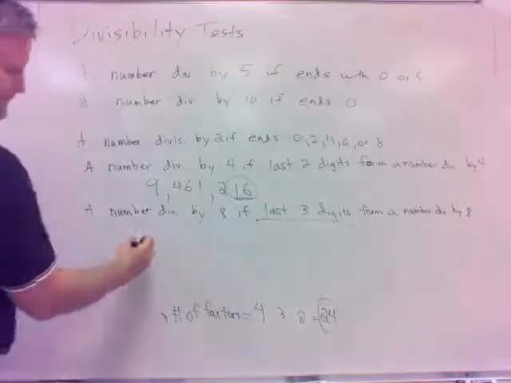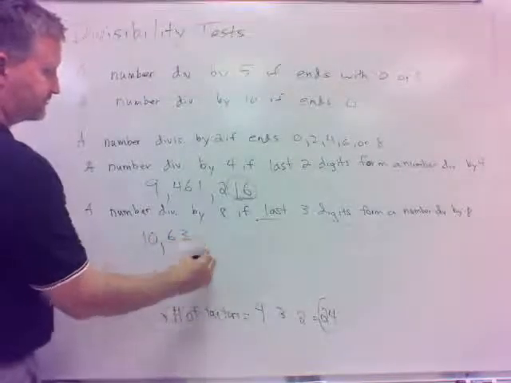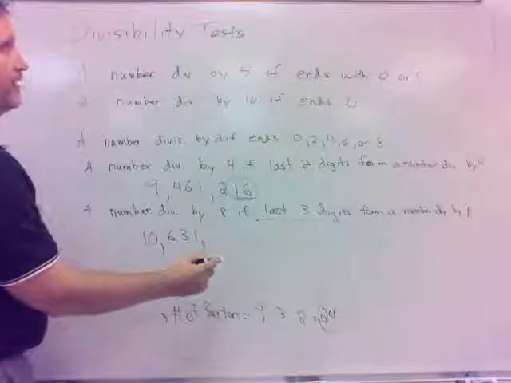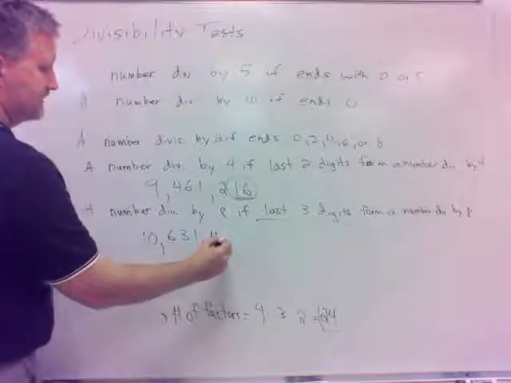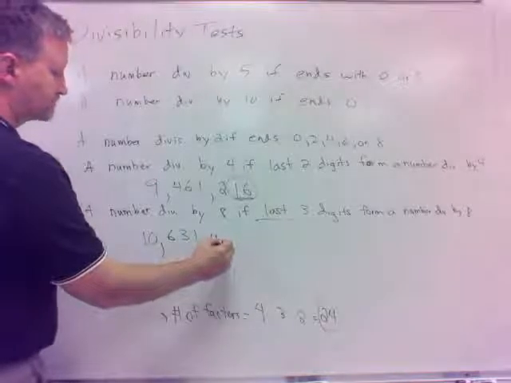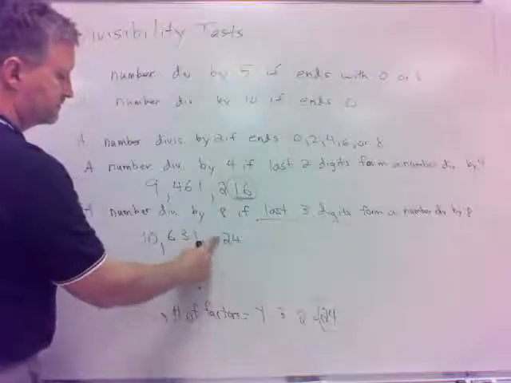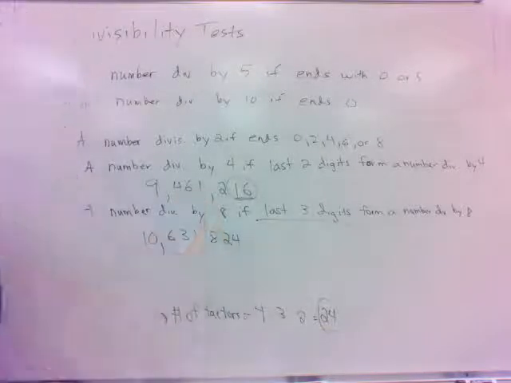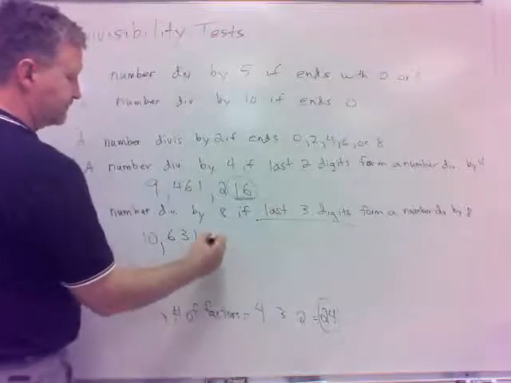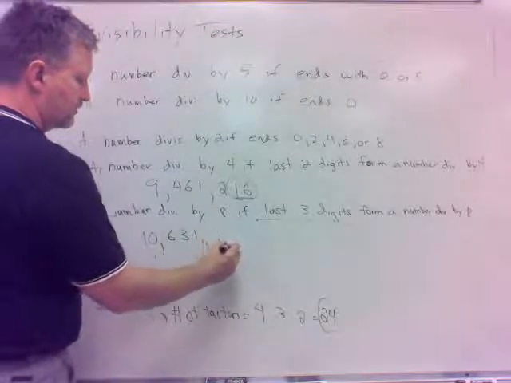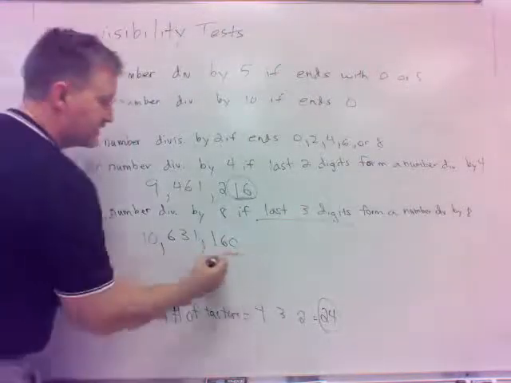So if I had 10,631,000, and then the last three were, let's make it 824. No, let's not do that. Let's make it 160. Yeah, that'd be good. For 8, you just look at the last three.